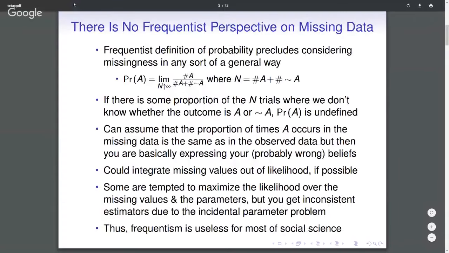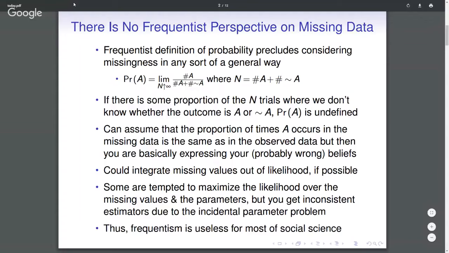Just like there's no frequentist estimator really when x is measured with an unknown amount of error, there really is no frequentist perspective on missing data, even though you'll encounter frequentists talking about missing data. If you go back to the definition of probability from a frequentist perspective, you can immediately recognize that the frequentist paradigm of probability is not general enough to handle the missingness.